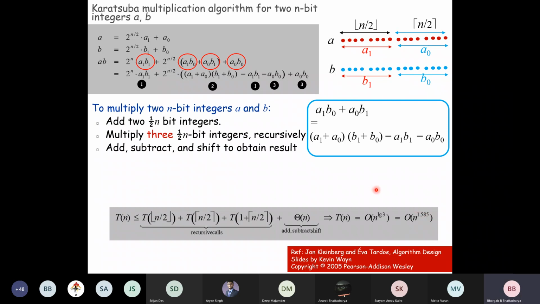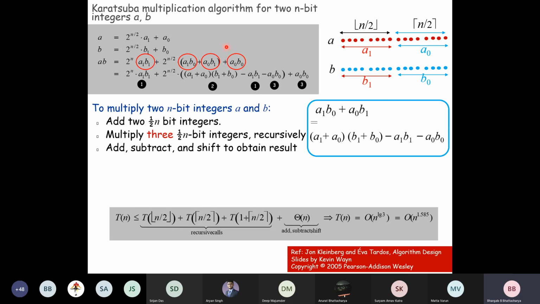So now you see the beauty of Karatsuba's method. If you don't do this kind of factorization or this kind of trick, then you would have 4 terms here, right? And if you have 4 terms, then T(n) would be less than or equal to 4 times T(n/2), and in that case, this would have been log of 4, and log of 4 would give rise to n squared.